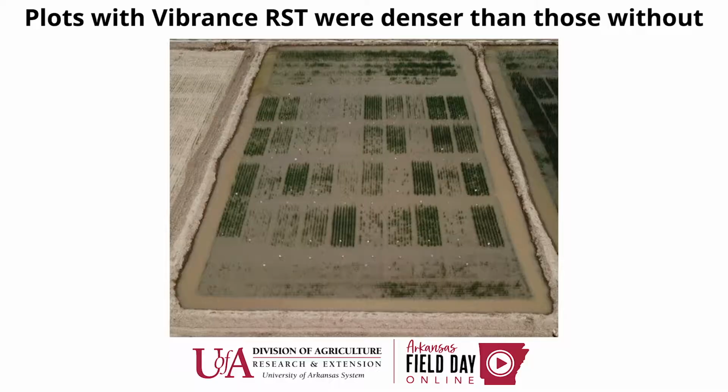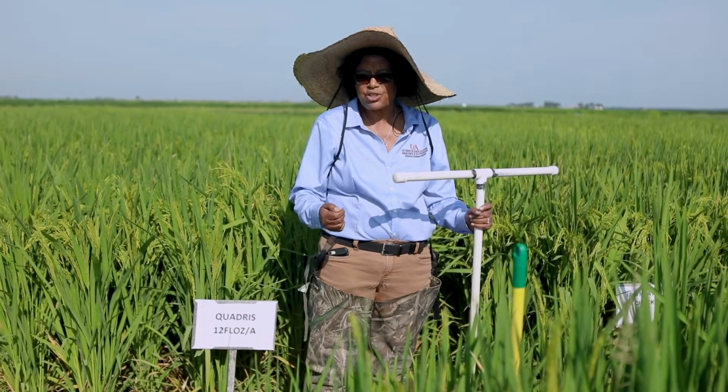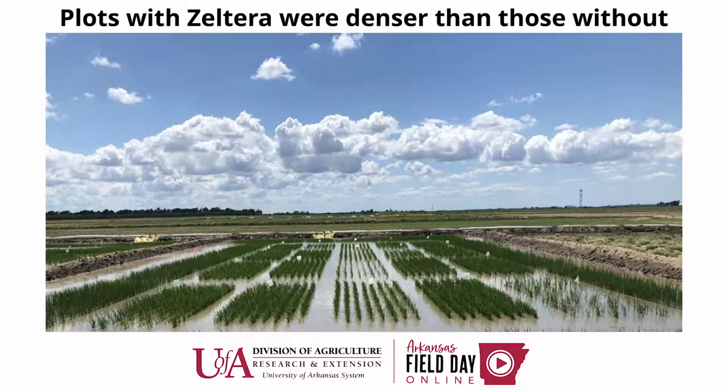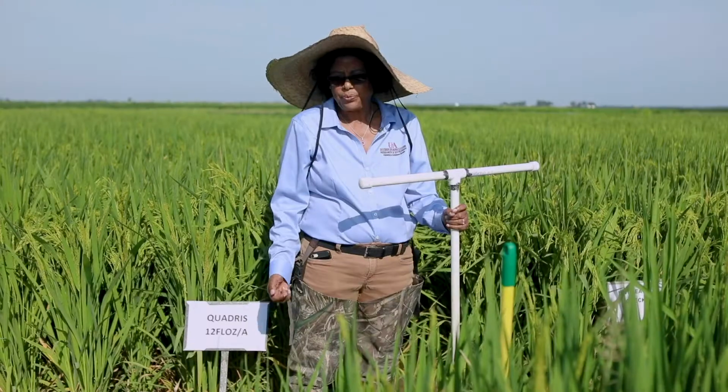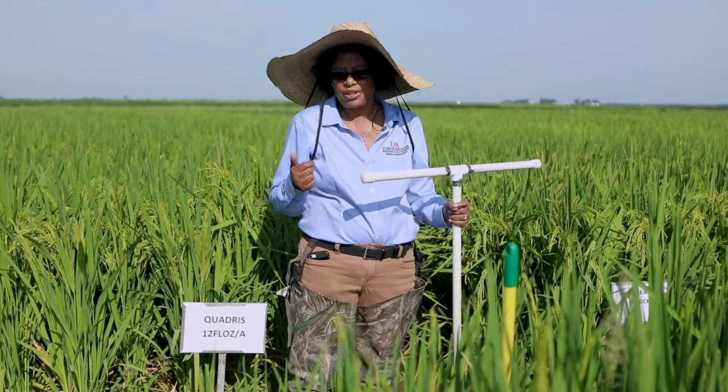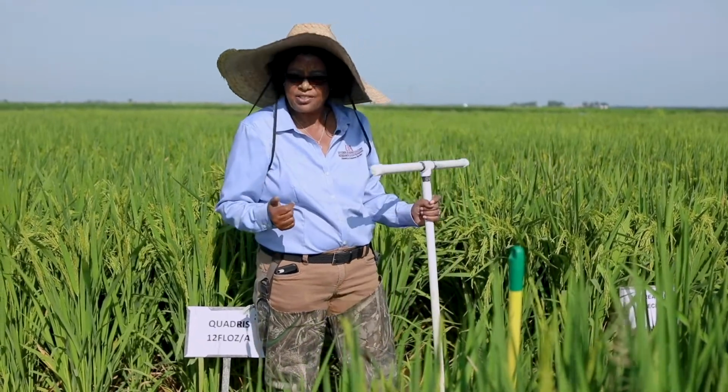Vibrance RST, for example, has been very nice in providing us good stand compared to the older formulations. And recently, Zeltera is found to be very nice as well. So treat your seeds if you have a history of seedling diseases.